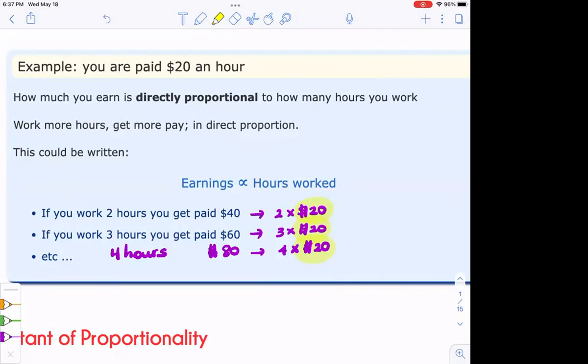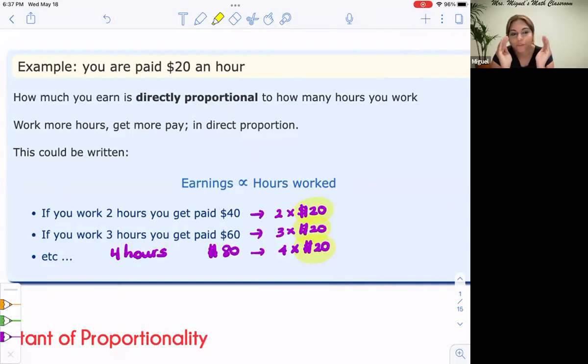So the constant of proportionality is the $20 because that is the fixed rate. If I work 10 hours, I will get 20 by 10. If someone else works 5 hours, they will get 20 by 5. So do you all understand the constant of proportionality so far?